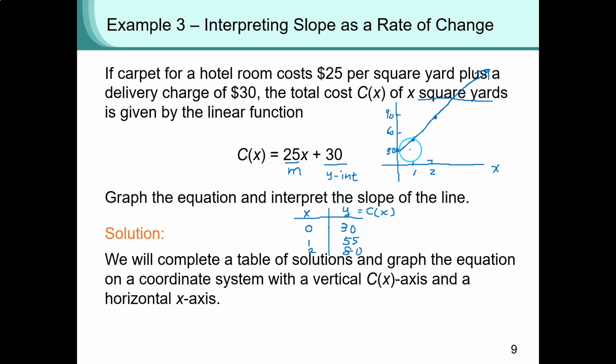That means for every square yard, the cost of the carpet will increase by $25. Per each square yard, the cost of the carpet will increase by $25.